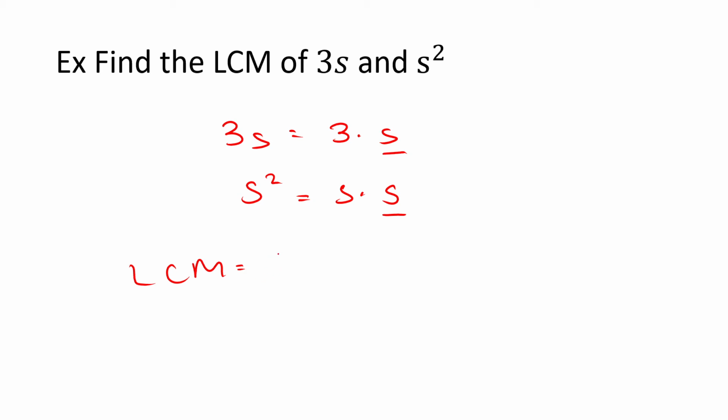So here it is going to be 3 times s times s. It's not going to be 3 times s times s times s, because you're going to count this pair of s as one s. And if you put them together, 3 times s times s is 3s squared.